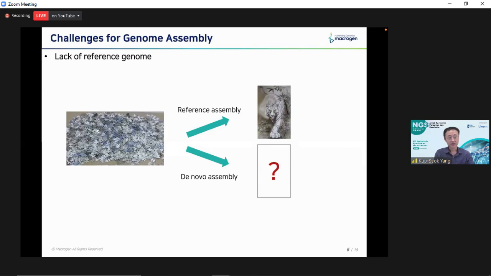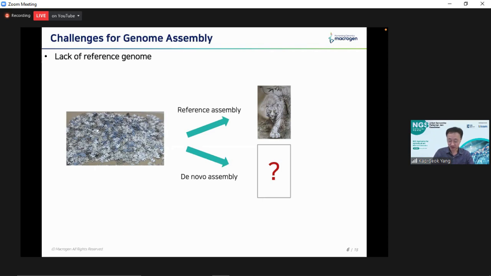Okay. Well, this is straightforward. If you have some kind of reference, it will be easy to assemble. But it is really like solving a jigsaw puzzle without any idea what the final picture would look like. So you can guess it is almost impossible to start.